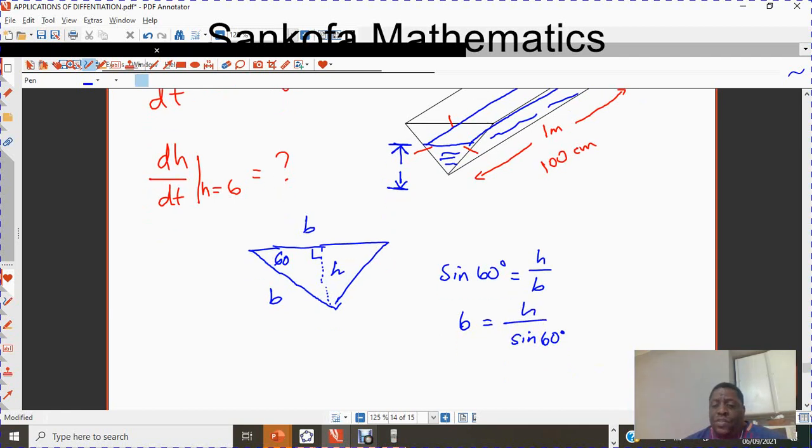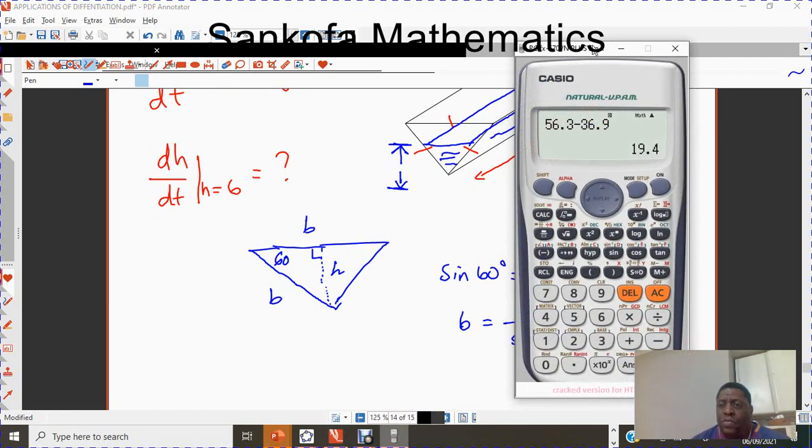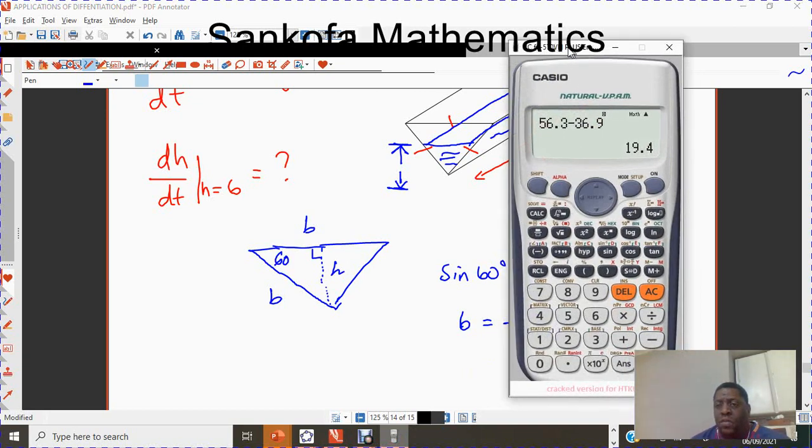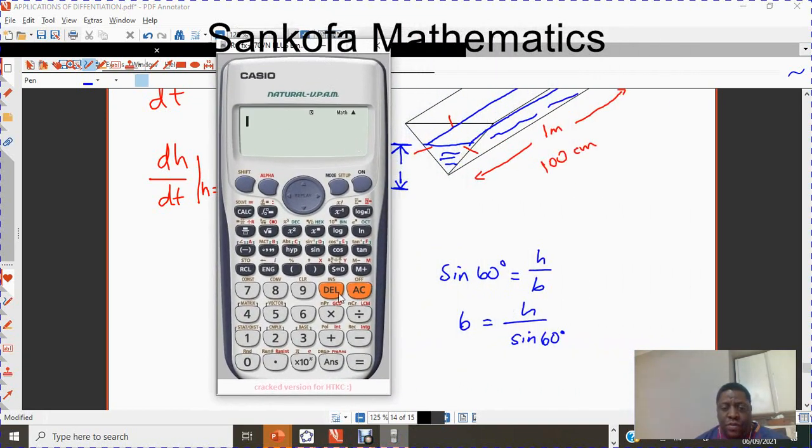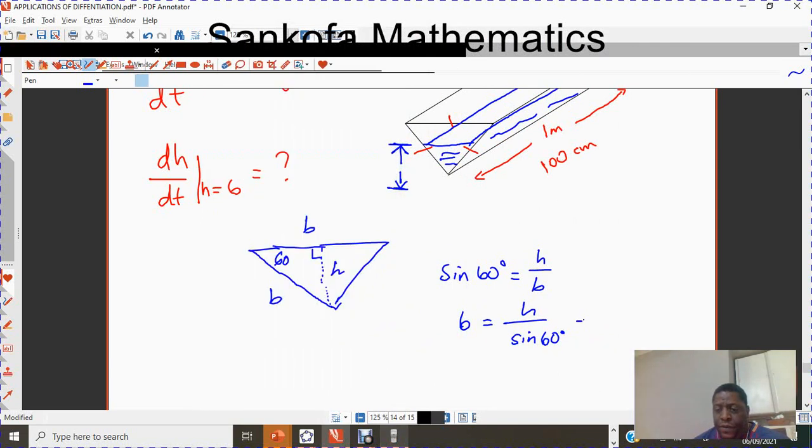All right, so let us just grab our calculator. Just want to show you something as far as the sine of 60 degrees is concerned. Sine of 60 degrees is nothing but root 3 over 2, so this is h over root 3 over 2.